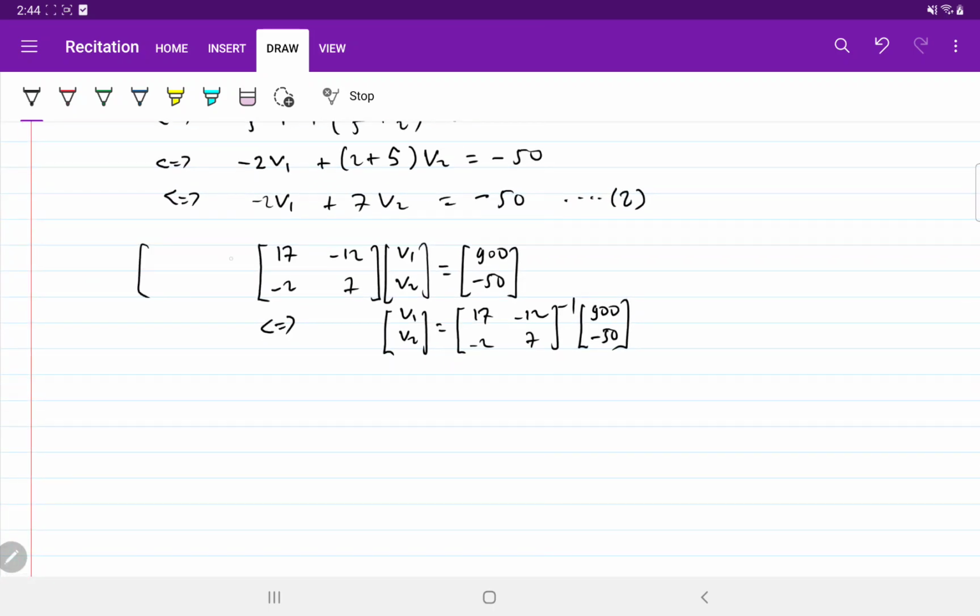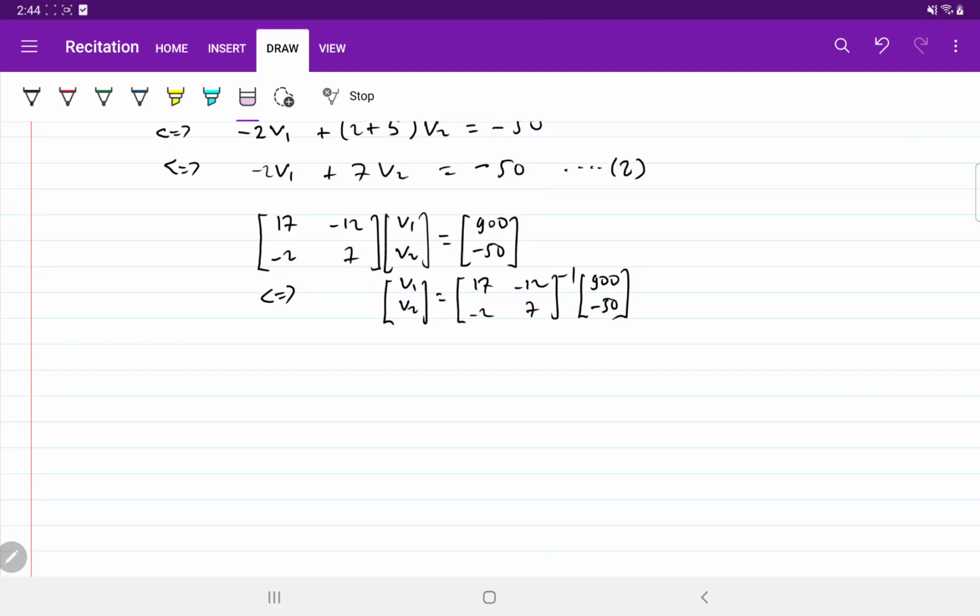Because if you multiply this equation by the inverse of the matrix, this becomes the identity matrix. So you get [V1; V2] equals this matrix inverse times this vector. That's the same thing.